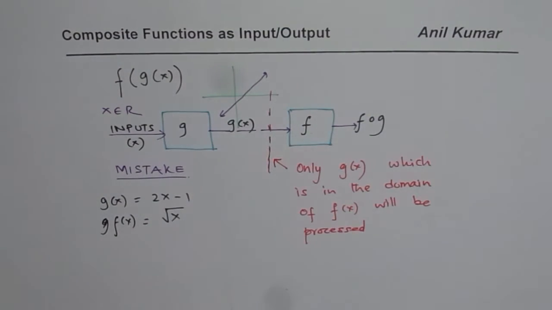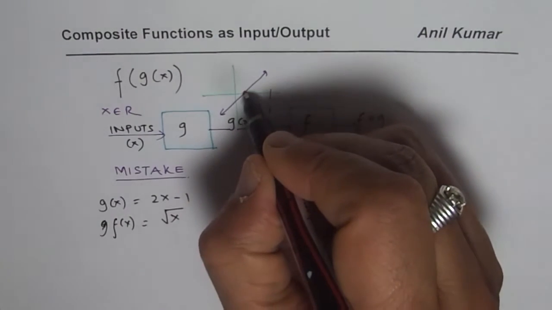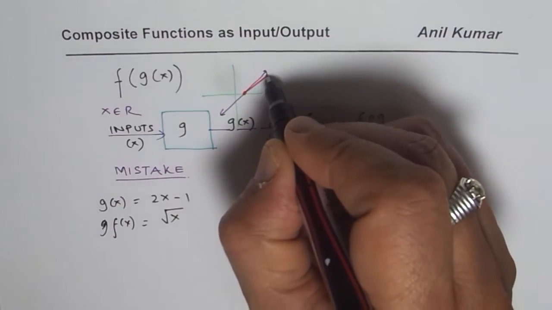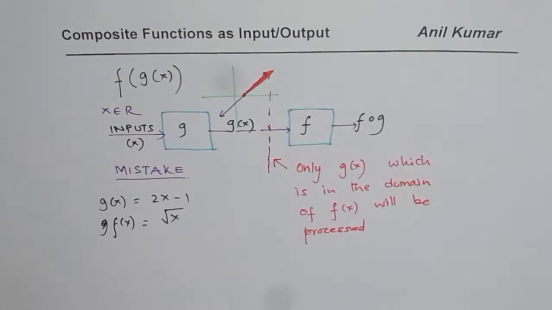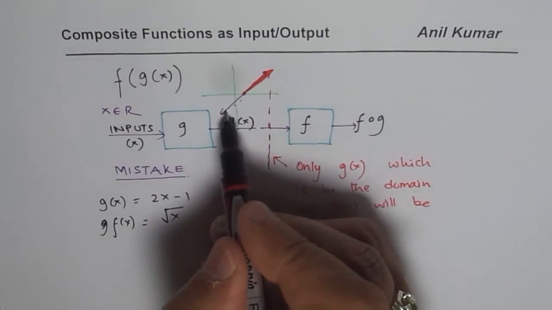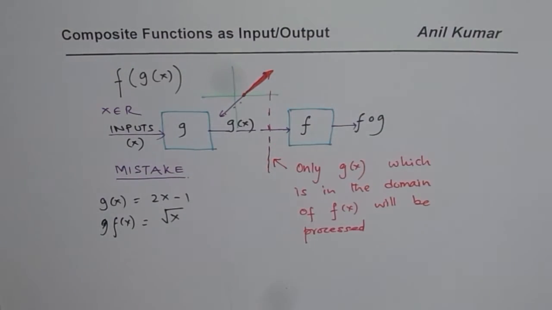Now the whole output cannot be fed into the second operation of square root of x, since it has a restriction. Do you agree with me? So only the outputs which are positive can be fed, because the negative ones are not in the domain of f of x. You get the idea, right?